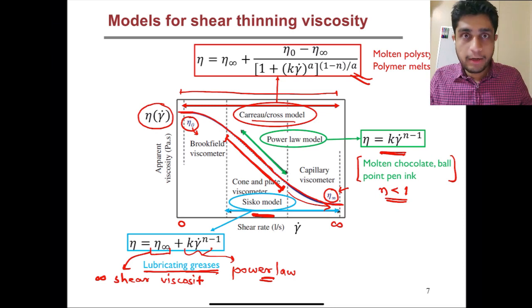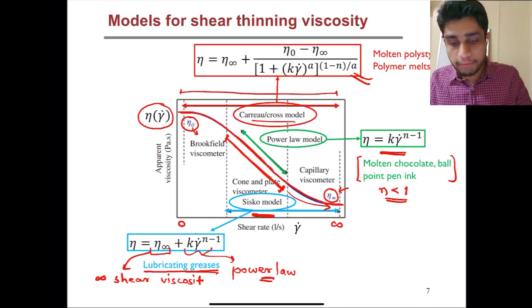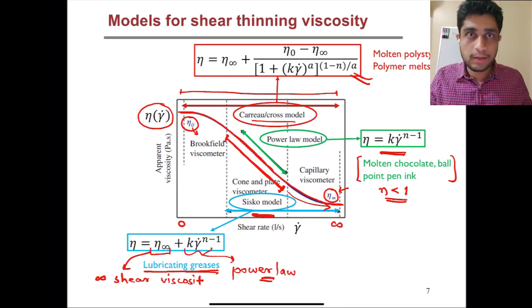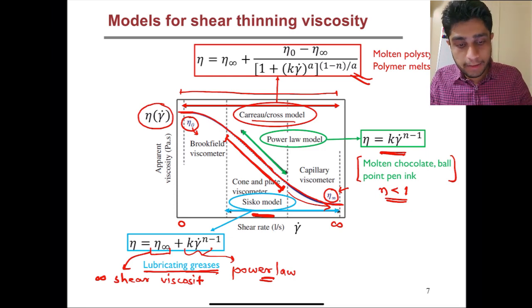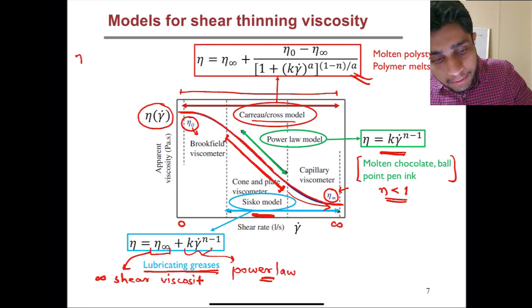So depending on your fluid, if you can choose a proper model which can be applied to the apparent viscosity of that fluid, then we basically have the function for the apparent viscosity.